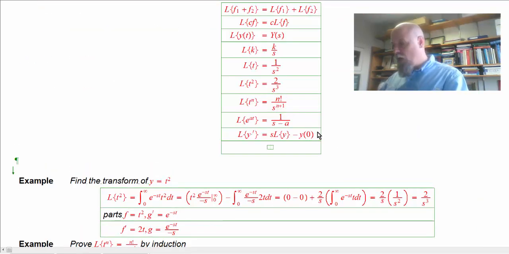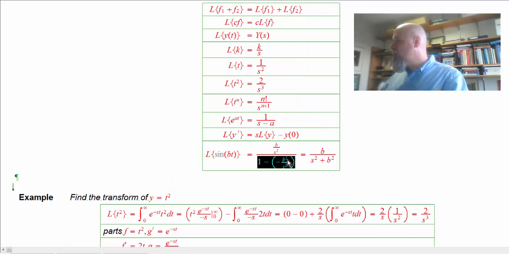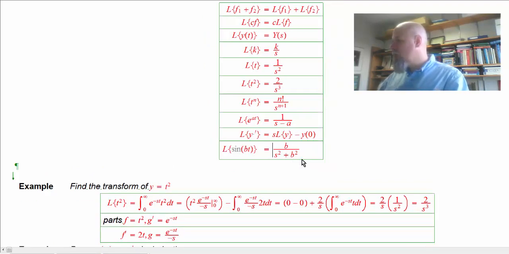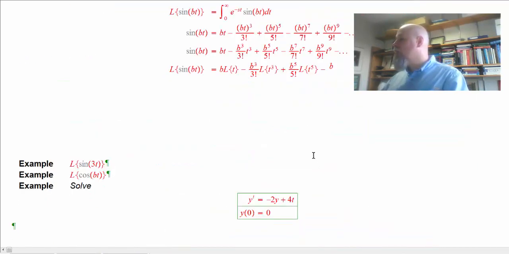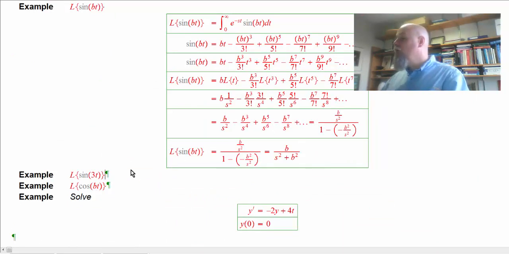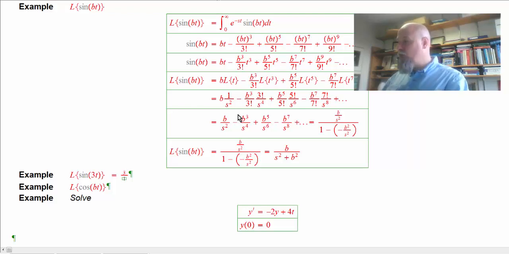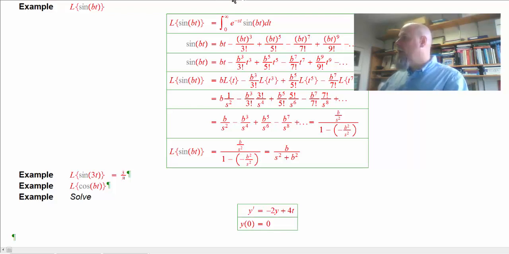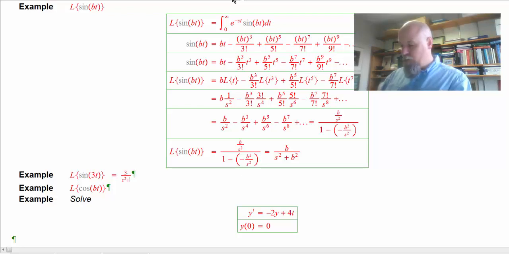We can put that into our chart. So if I want to take the Laplace transform of sine 3t, the b is 3, so that's just going to be 3 over s squared plus 9. Done. Just using our rule. No integration, just using the chart.